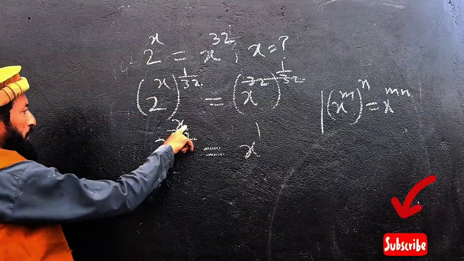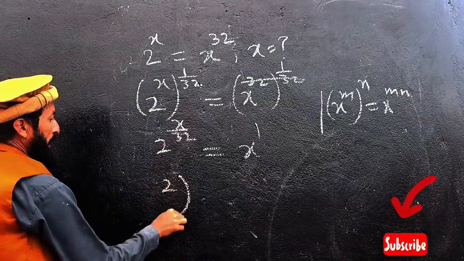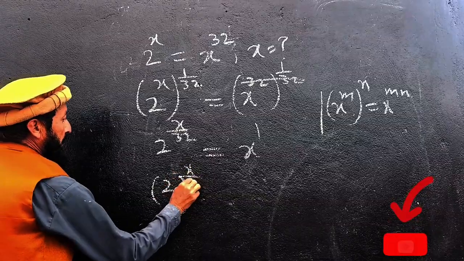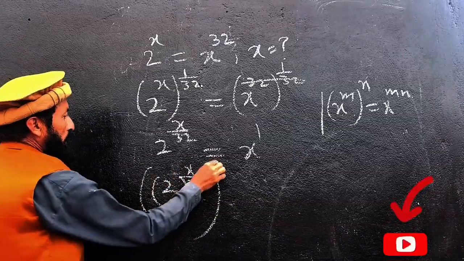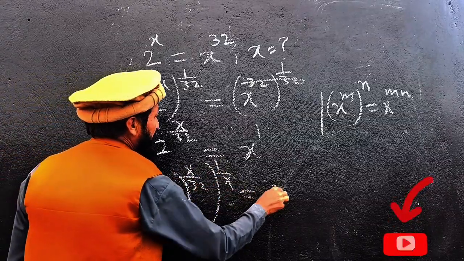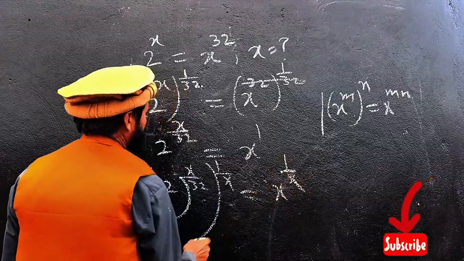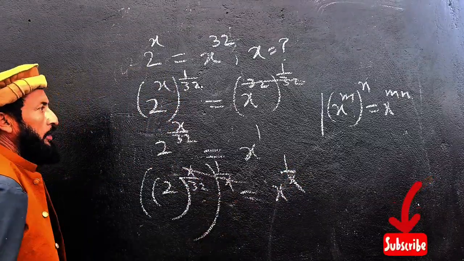Now we try to finish this x. So we take the reciprocal, 1/x, on both sides, x^1 power x. This will be cancelled according to these rules.